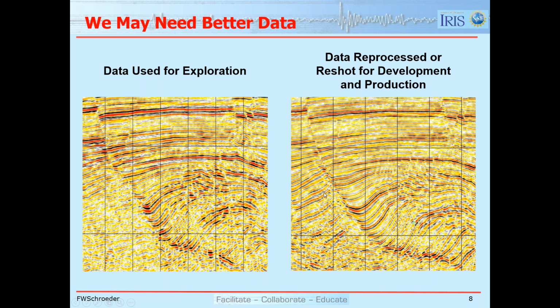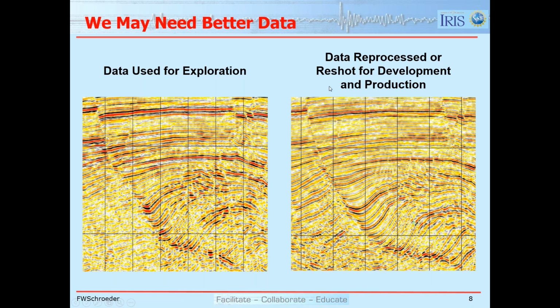And the easier way is to reprocess the older data and take advantage of some of the improvements in imaging that have occurred over the years, or maybe just increase the budget and apply more expensive but more rigorous algorithms to get us better images.